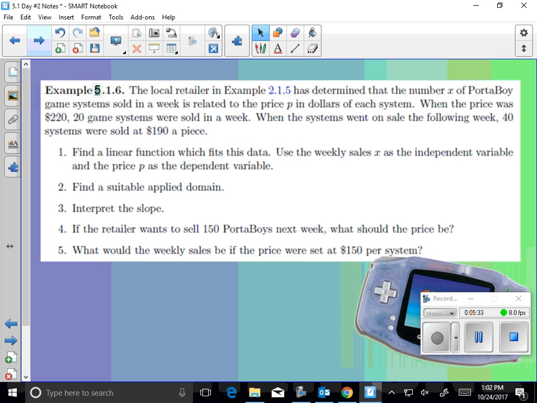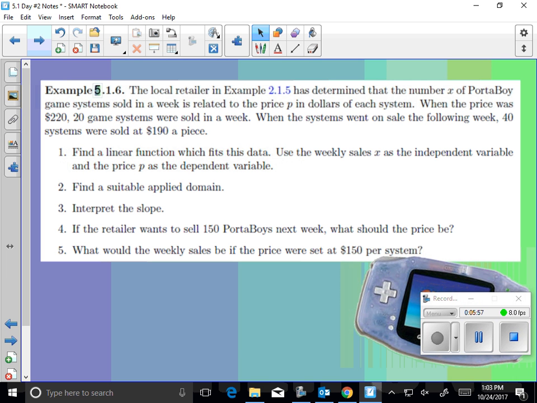When the price was $220, 20 games were sold. When the systems went on sale, a larger number of them would be sold. That makes sense, right? As a consumer, if the price is higher, fewer people will buy, but if the price is lower, more people will buy. So let's find a linear function that fits this.